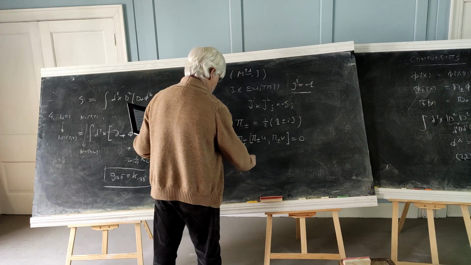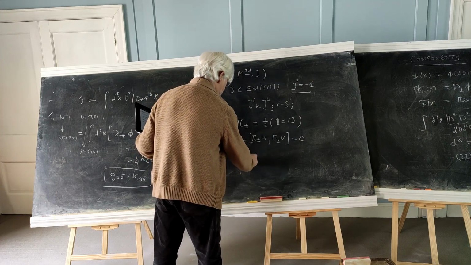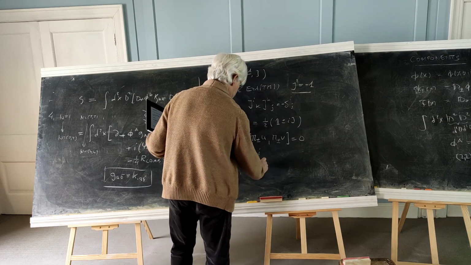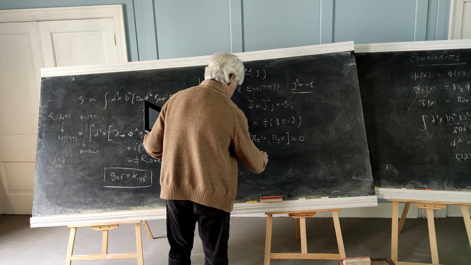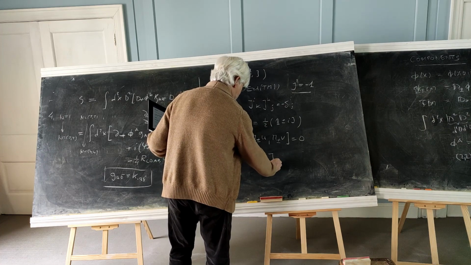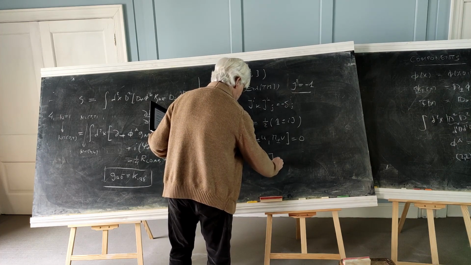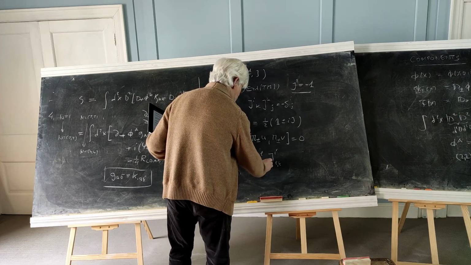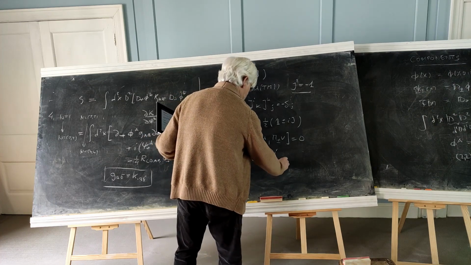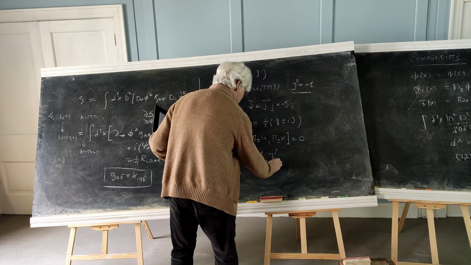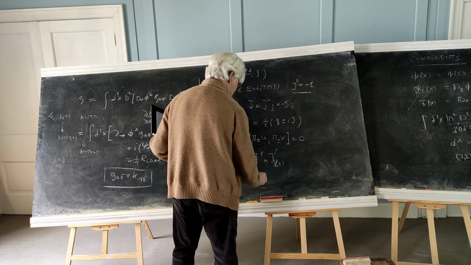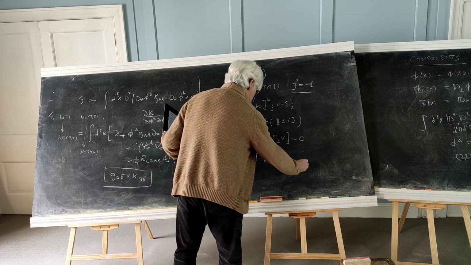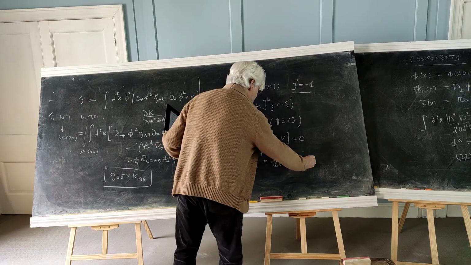The condition for this, if you work out simply this, is, how does it go? J^L_K comma I, J^I_M, anti-symmetrized here, minus M exchange K, is 0.